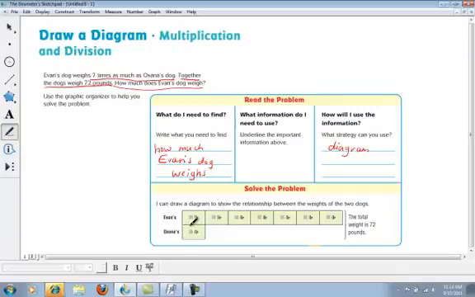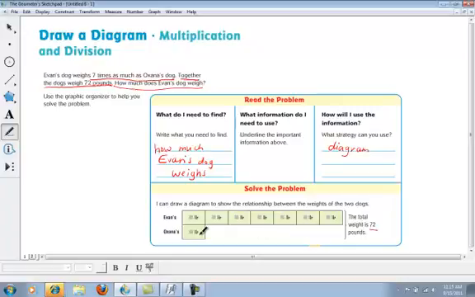I know Evan's dog weighs 7 times as much, so I'm going to need 7 rectangles to show the weight of Evan's dog. So I have one rectangle, 2, 3, 4, 5, 6, 7. And then I know here that the total weight is 72 pounds for every single one of these rectangles. Now, how can I use this information to find out how much Evan's dog weighs?